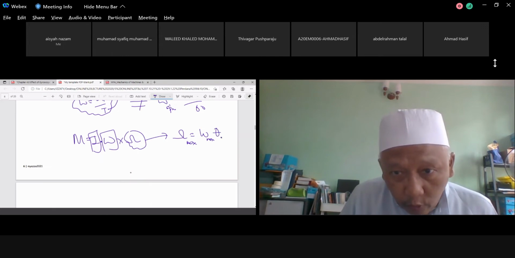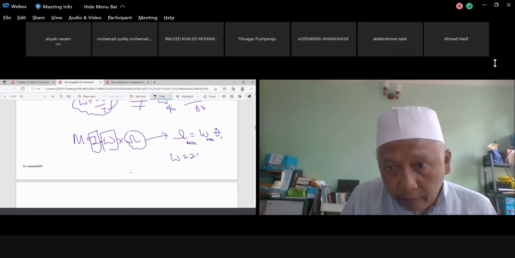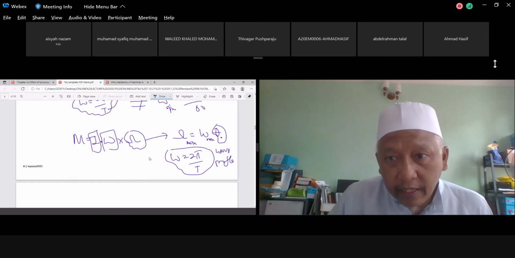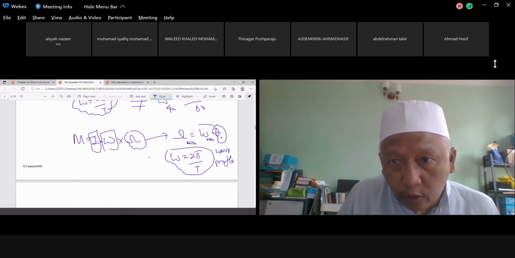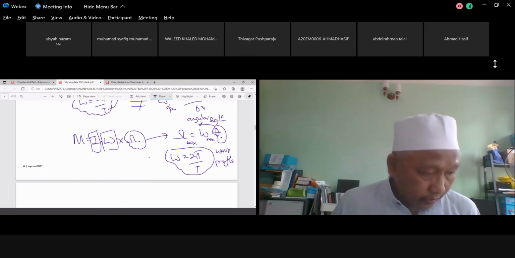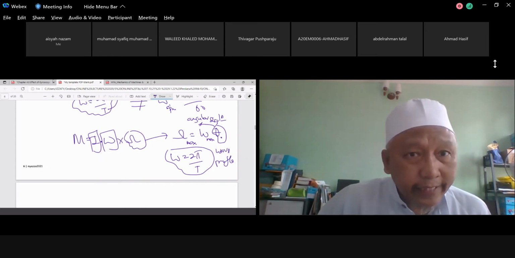So the omega now be from the wave profile, and this one will be the amplitude, or perhaps we call it the angular displacement.